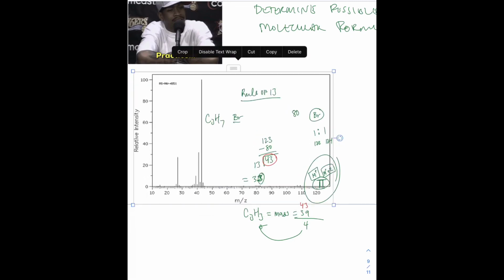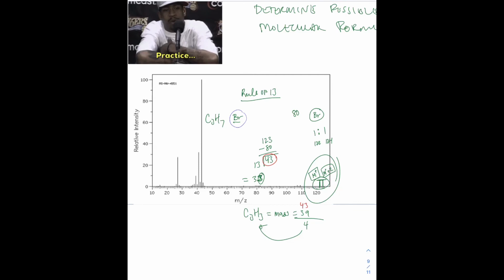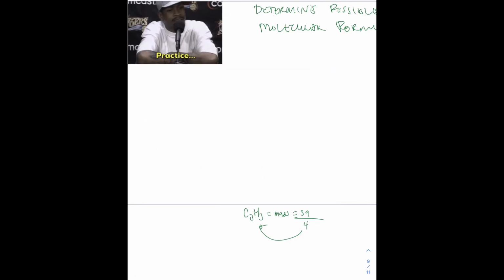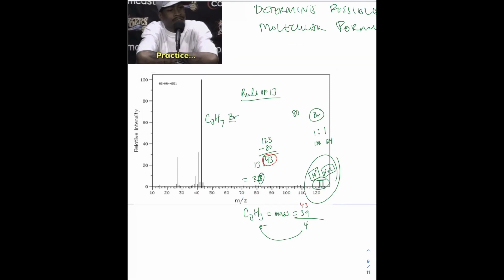Oh, sorry about that. Move that over. So, oh my goodness. So the proposed molecular formula is C3H7Br, and so you can also double check your work to make sure that that actually works out.